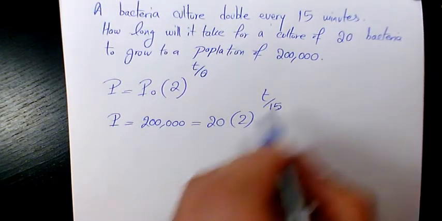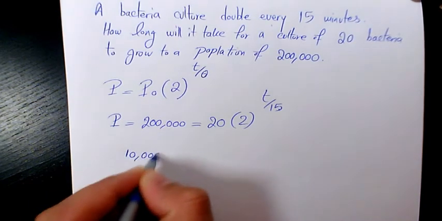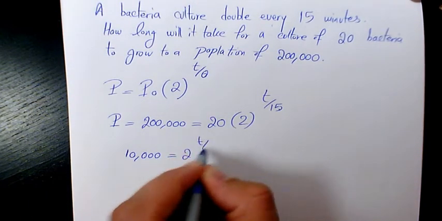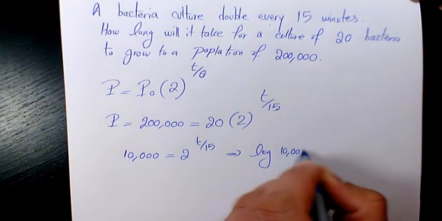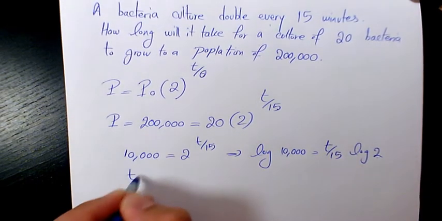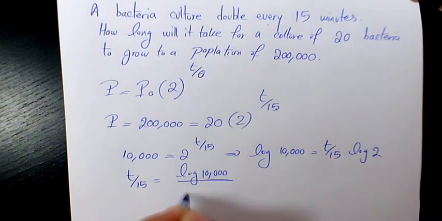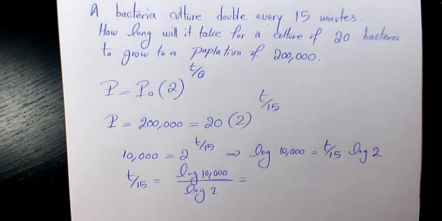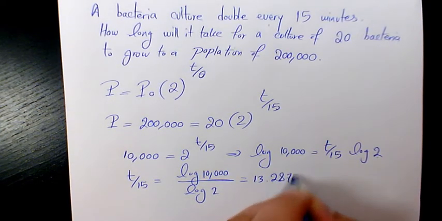So in order to find t, we need to divide both sides by 20. That's going to be 10,000 equals 2 to the power of t divided by 15. Then we take the log of both sides. So t divided by 15 is going to be log 10,000 divided by log 2. Log 10,000 is 4, divided by log 2 is going to be 13.2877.